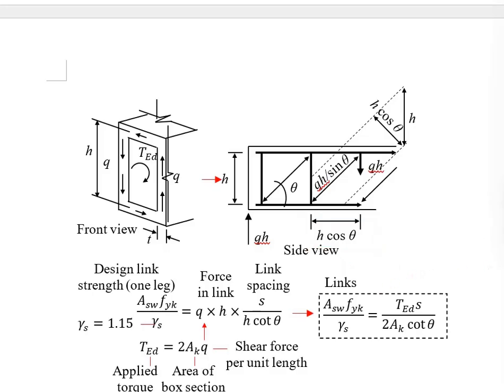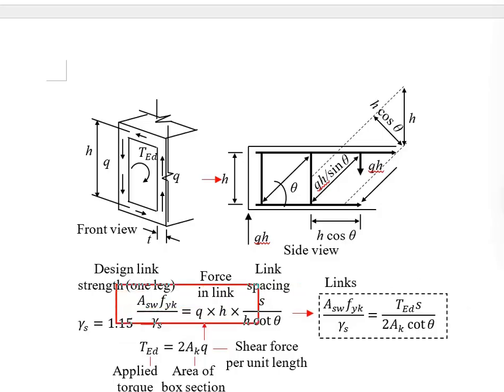So what you need to do here is some simple conversion, assuming the influence of the forces in the torsional link is proportional to the ratio between the spacing and h cos theta. With that, this establishes the formulas for the torsional link.